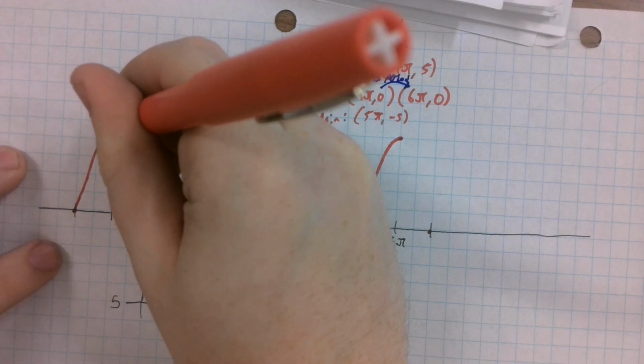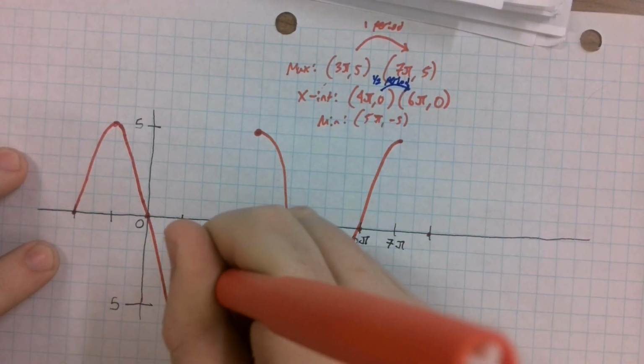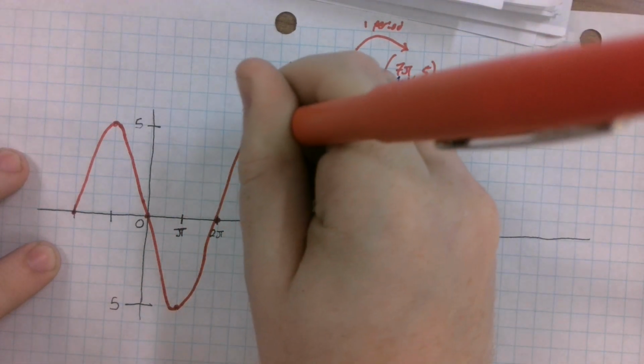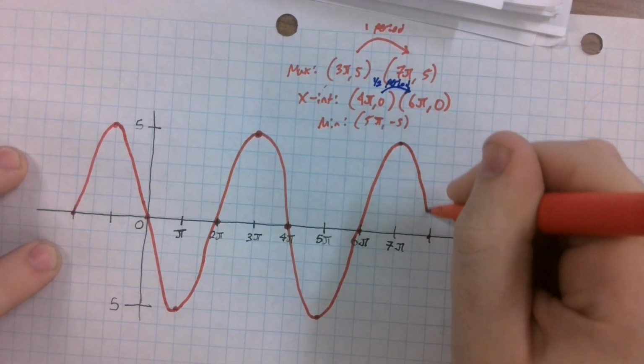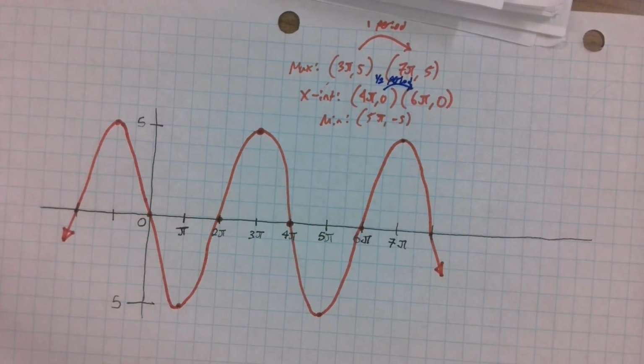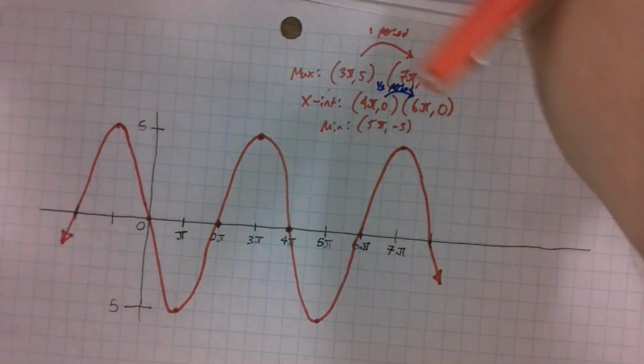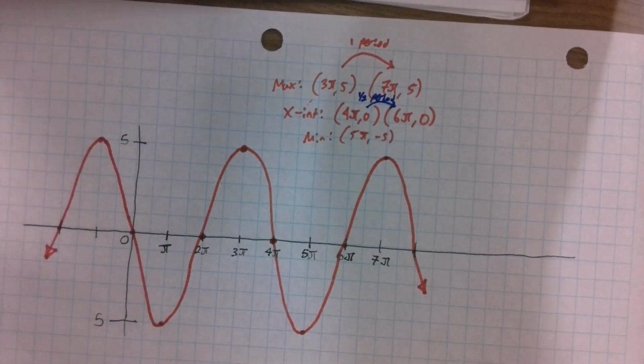So our graph is going to look something like this. It's going to go down, back up. There's our original. It's going to go down, and we know it's going to continue in these directions. That is our new graph. That is the graph of 5 times the cosine of 1/2 x minus 3 pi. Done.